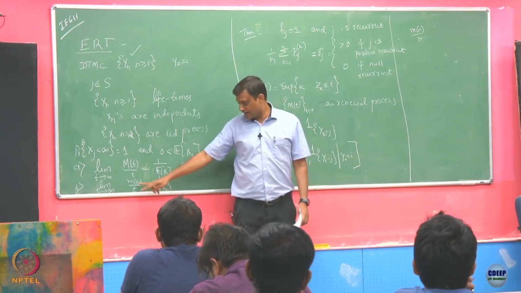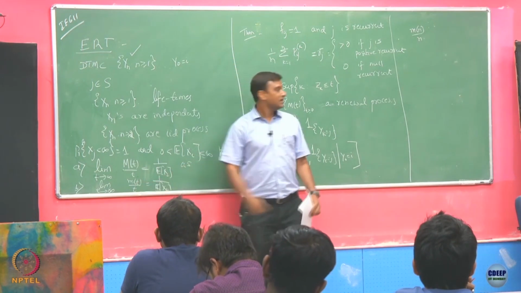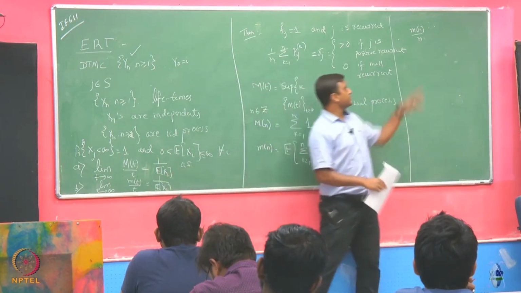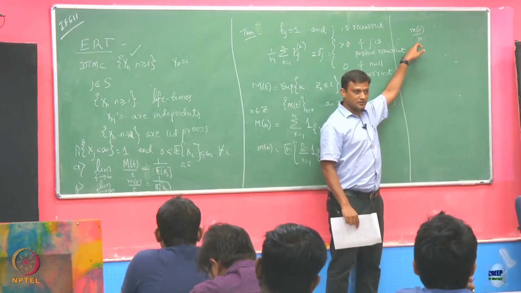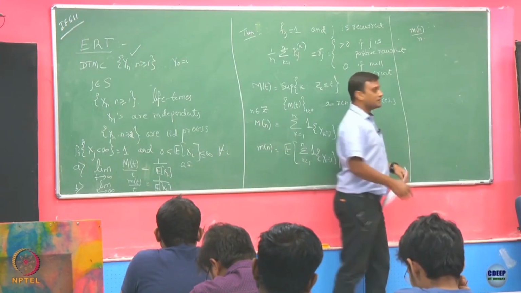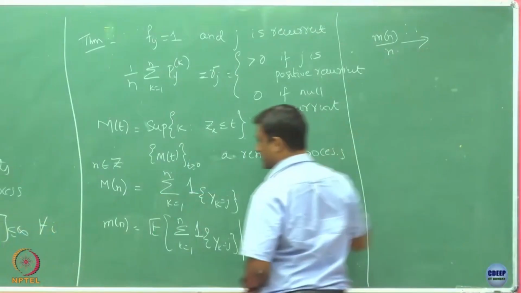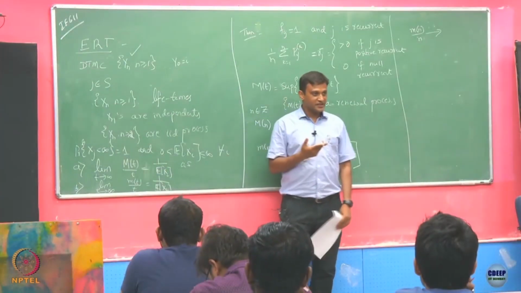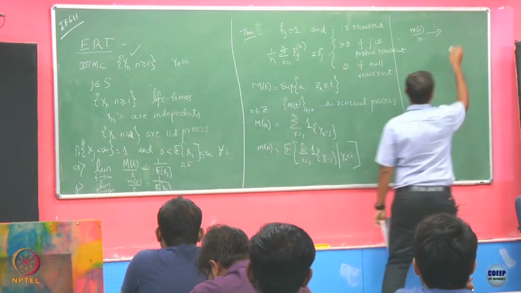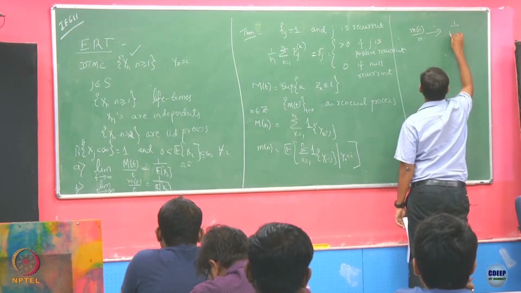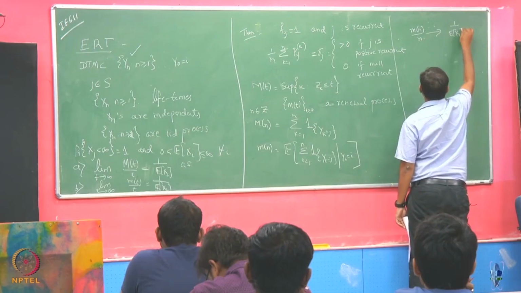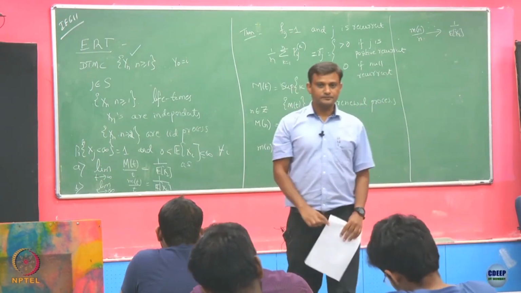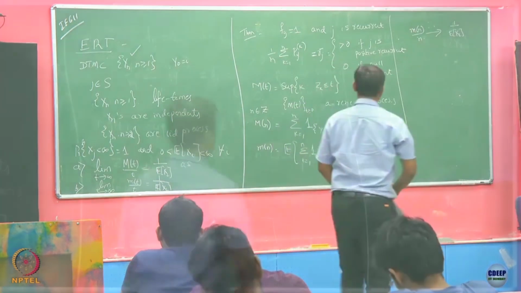So if I look at m of t by t, instead of all possible t's, I only look at some integer values. Is this limit going to be different from this limit? It is going to be the same limit, right? So it has to be 1 upon expectation of x2.